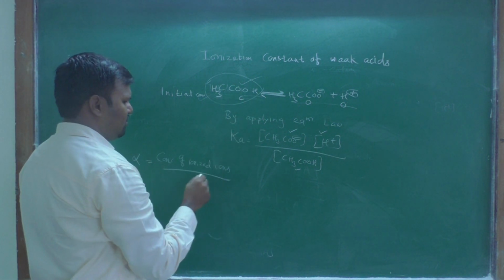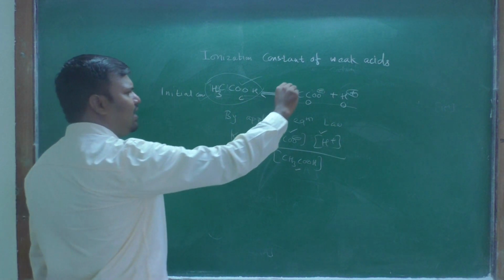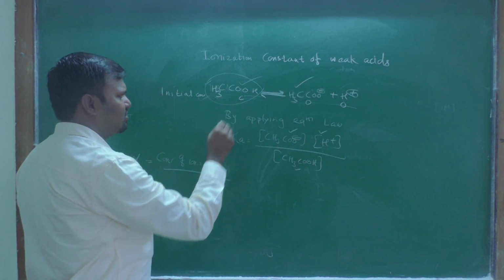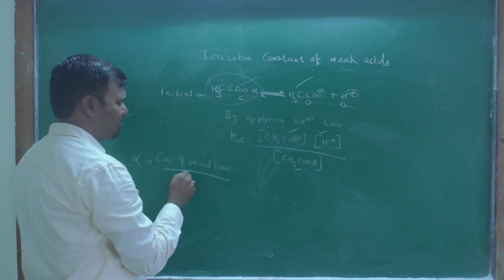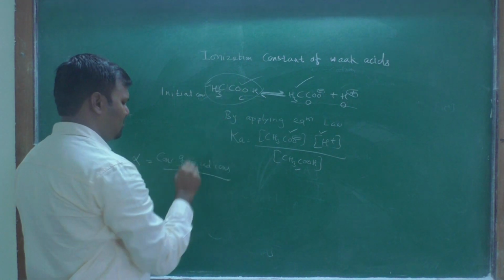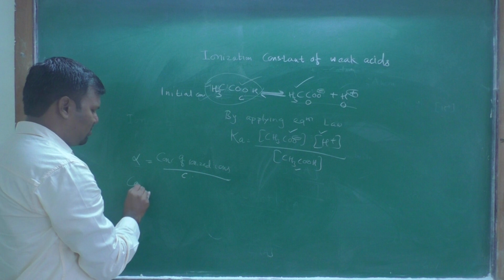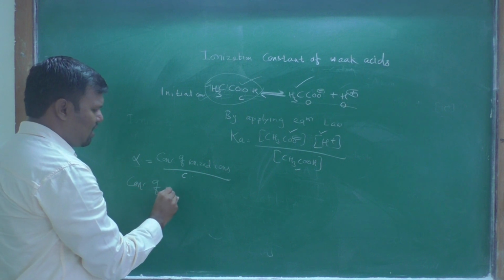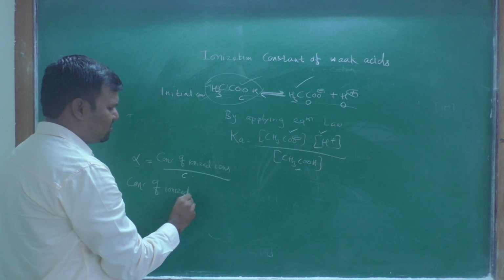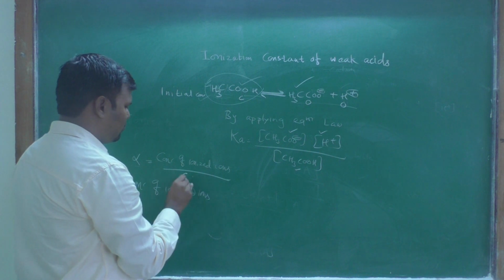In this case we have to find the concentration of these ions, divided by the initial concentration, which is C. Therefore the concentration of ionized ions is given by C into alpha.